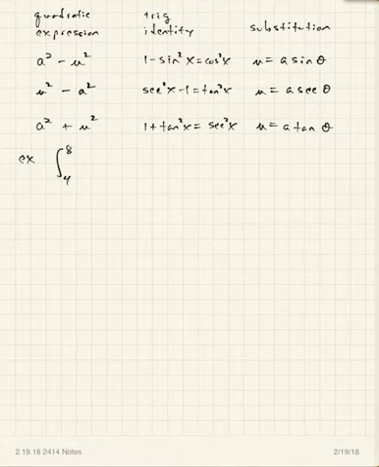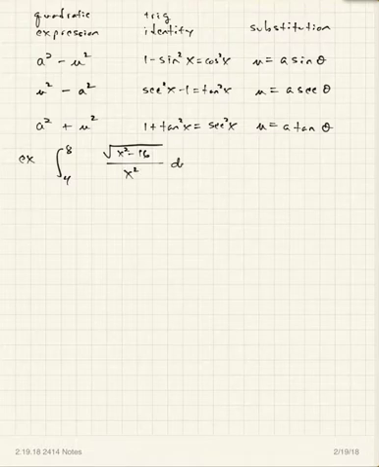So this is the integral from 4 to 8 of the square root of x squared minus 16 over x squared dx. Okay, so that x squared minus 16 is going to be u squared minus a squared. That's the form we're taking.